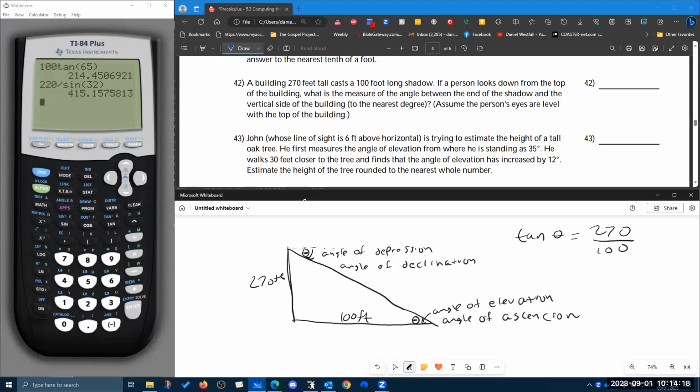And then we have not done anything with inverse functions to my knowledge, but we would solve this by saying theta is equal to arctangent of 70 divided by 100.